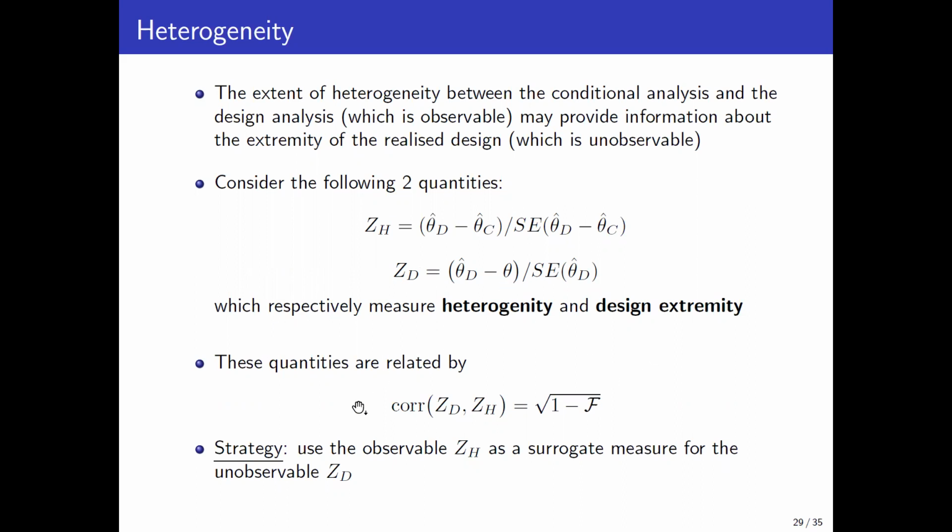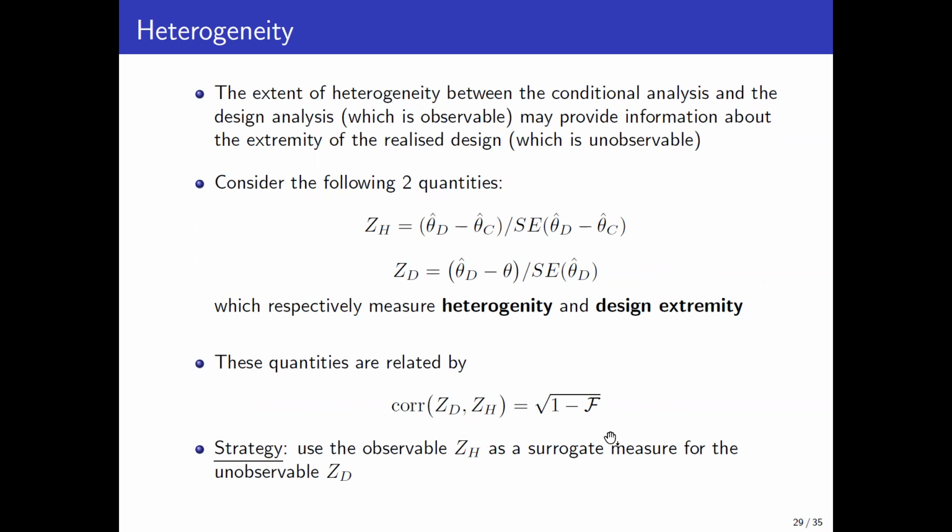And I'll appeal to a result that says that those two quantities have a certain correlation that depends on the design information fraction. And typically in these sorts of adaptive designs, you're not going to expect the design component of the information to be the majority of the information. In fact, typically you wouldn't see that design information fraction exceeding, for example, 1/3.